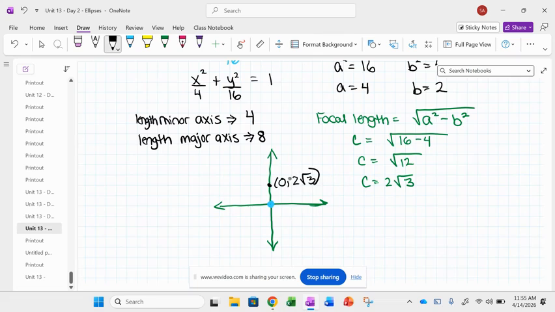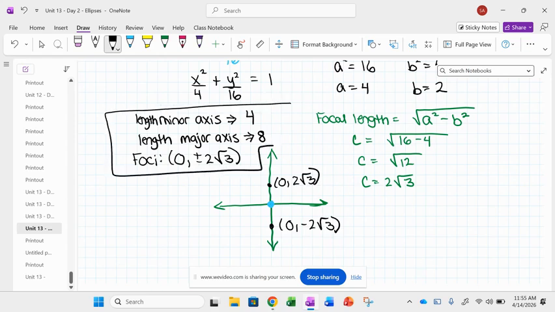But then I also have to go down 2 root 3. So it's 0, negative 2 root 3. So when I ask for the coordinates of the foci, we're going to have 0, plus or minus 2 root 3. And here are all our answers. If you wanted to write it as 2 different coordinates, could you have? Of course.